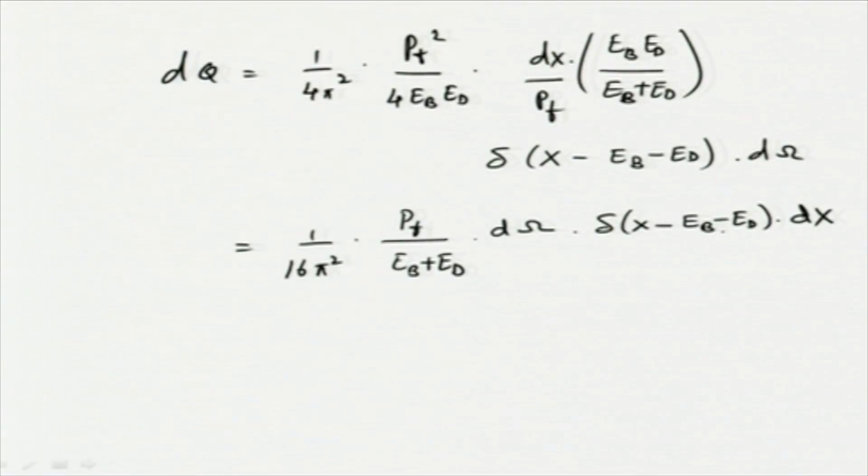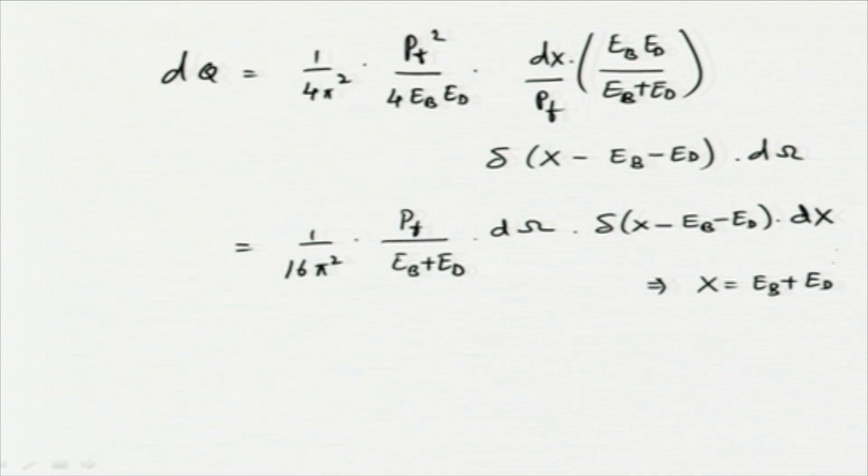Without bothering about the rest of the factors, we can integrate this out because it is a delta function, and that will give you x equal to E_b plus E_d, since in fact, this is what we had used earlier.